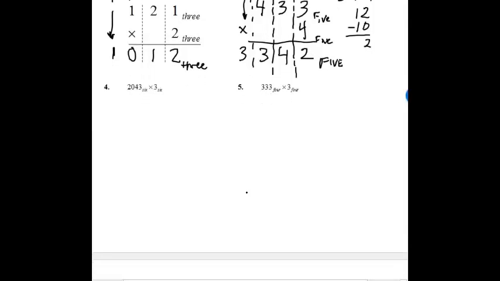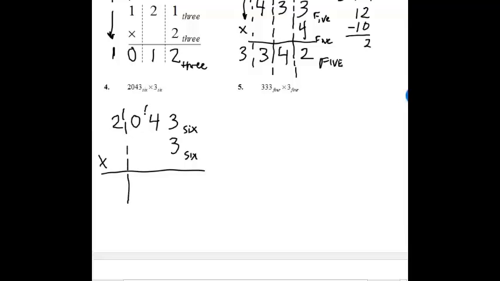Same thing with 2043 base 6 times 3. Okay, so we have 3 times 3 is 9.